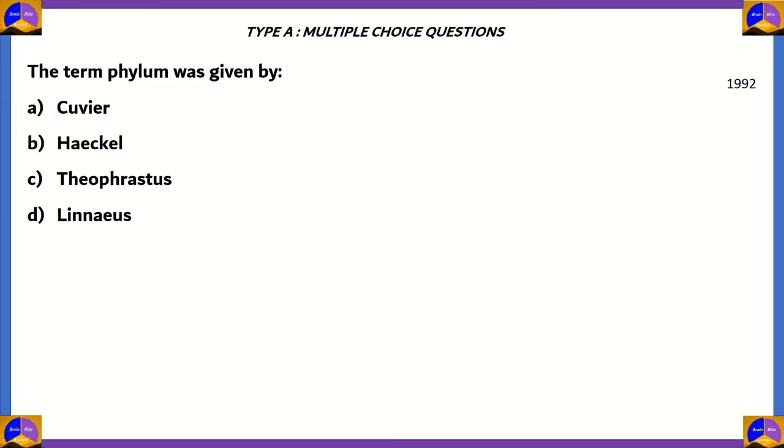Next question. The term phylum was given by Cuvier, Haeckel, Theophrastus, Linnaeus. Well, if we look at the 4 options, you can see that Linnaeus is automatically out because Linnaeus is credited with binomial nomenclature. So he devised the method that should be used to name animals.